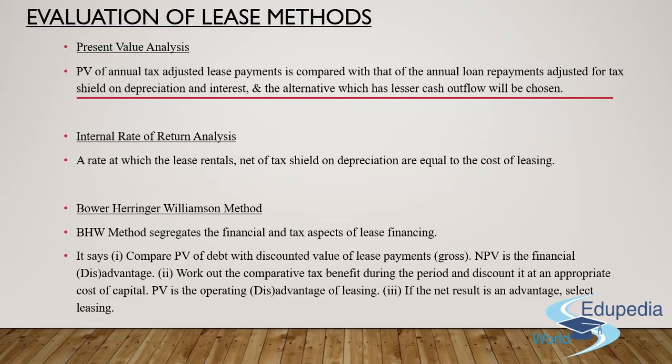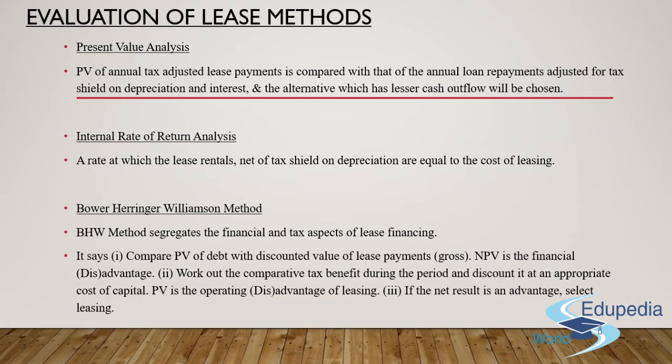The most prevalent method available in the market is present value analysis. You need to consider the amount you need to pay as lease payment after getting the benefit of the annual tax adjustment, and what its present value is.